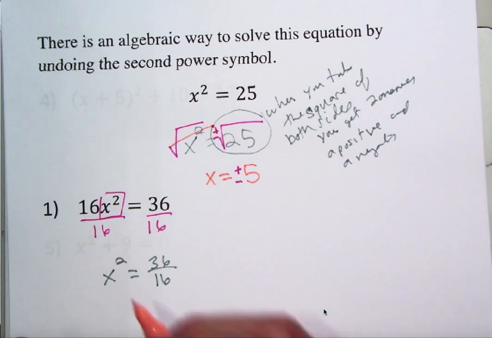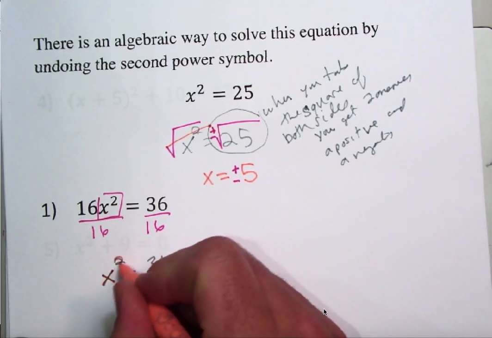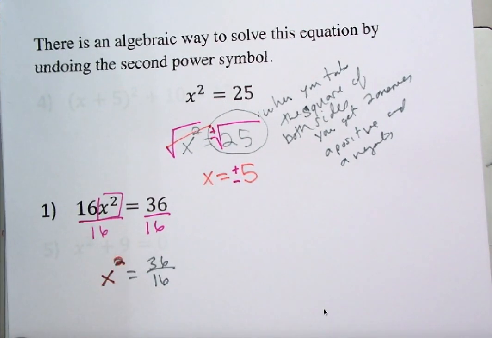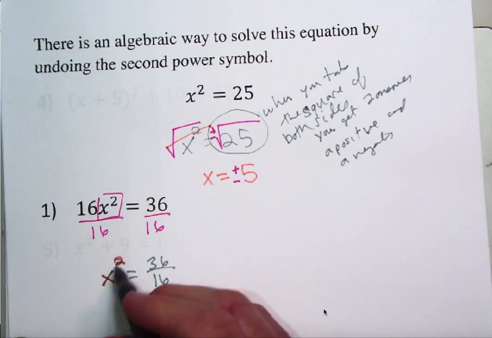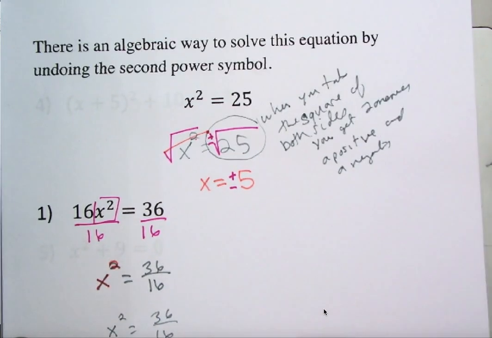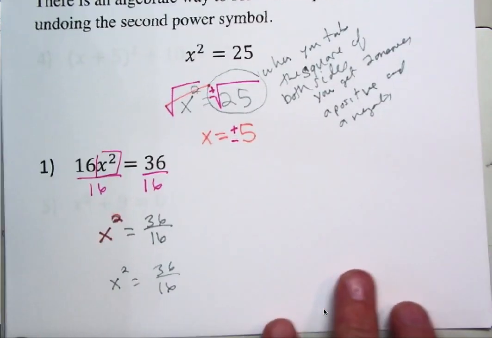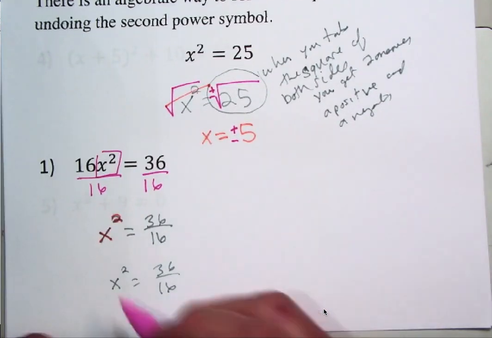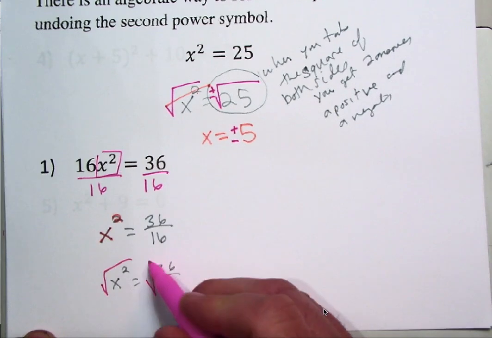All right. When we're doing this method, you want to get something squared by itself first before you take the square root. Okay, everybody? Otherwise, it gets really messy. So we have x squared equals 36 over 16. And we can undo this squared, x squared, by taking the square root of both sides.